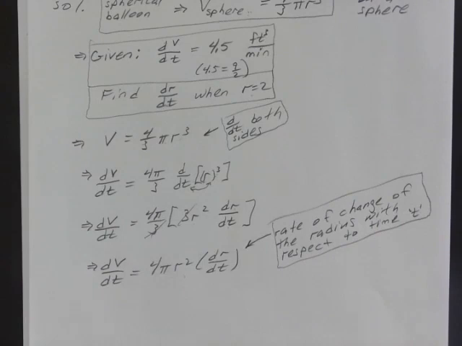That's why I always sound out the whole thing: the rate of change of the volume with respect to time. Instead of just saying dv dt, it helps reinforce what dv dt actually means.